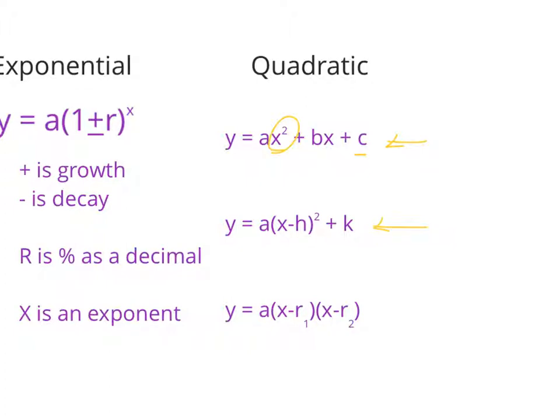The difference is we've got parentheses squared instead of just the bars. And this is x squared because it's got an x with a squared applying to it. And then we have factored form down here at the bottom, which you all recognize. And this again is x squared because parentheses mean to multiply, so you would end up with x times x, which would be x squared. So that's how we are going to recognize all the different formulas for these.